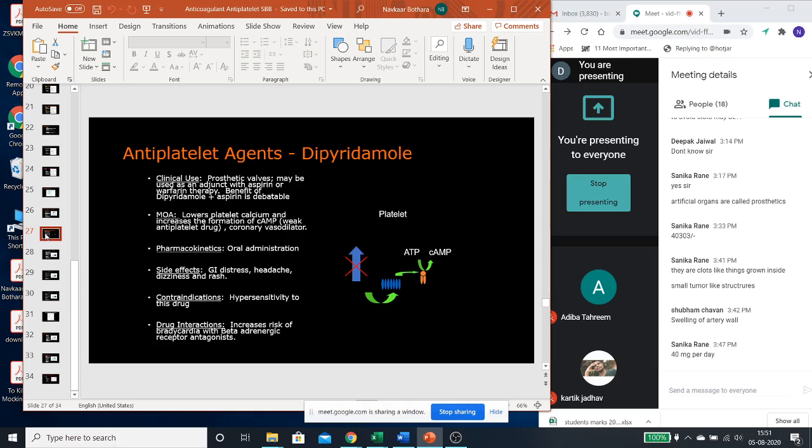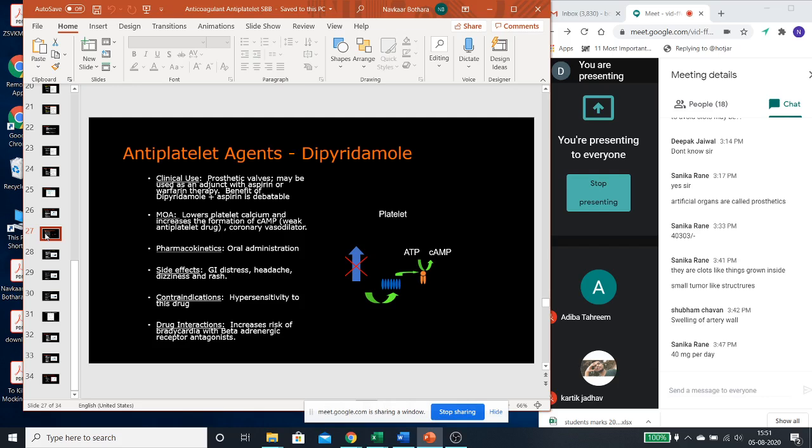It is used in prosthetic valves, and may be used as an adjunct with aspirin and warfarin. Benefits with dipyridamole plus aspirin are debatable. It is not sure that it actually causes benefit, but pharmacologically these are the known actions. Although the actions seem very promising as anti-angina, it is not preferred as an anginal drug.